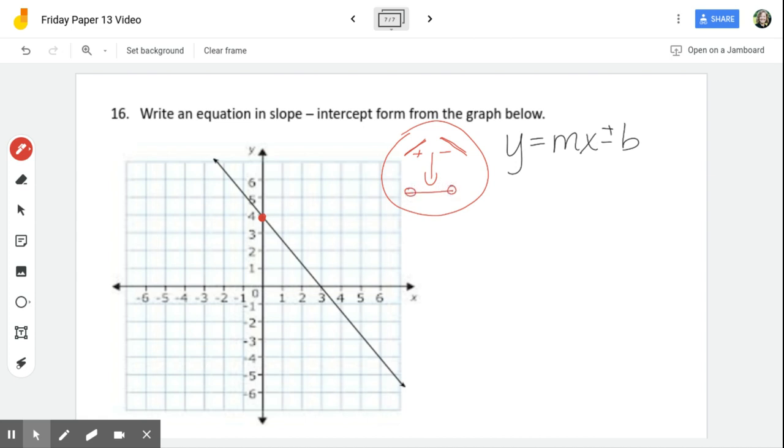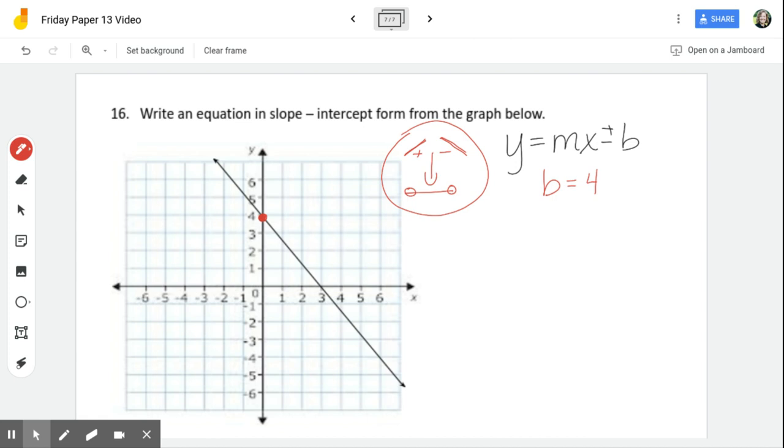So this line that we have is going to have a negative slope. Okay, see how it goes down from left to right? So now we just have to determine what that slope is. So we have defined the y-intercept, which is b equals 4. Positive 4, because it crosses the y-axis at a positive 4.